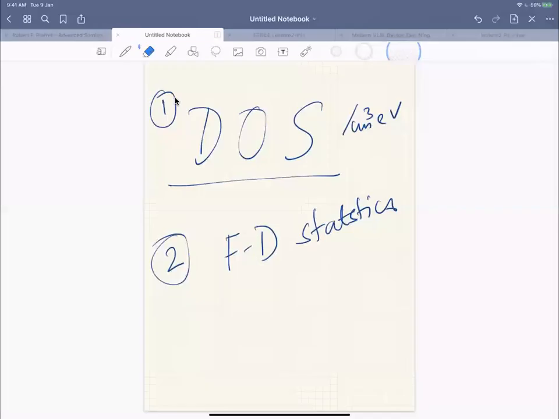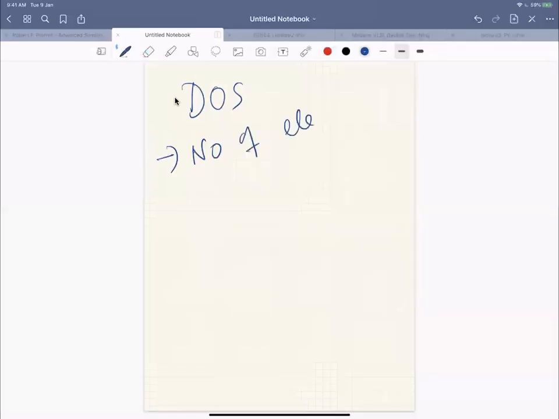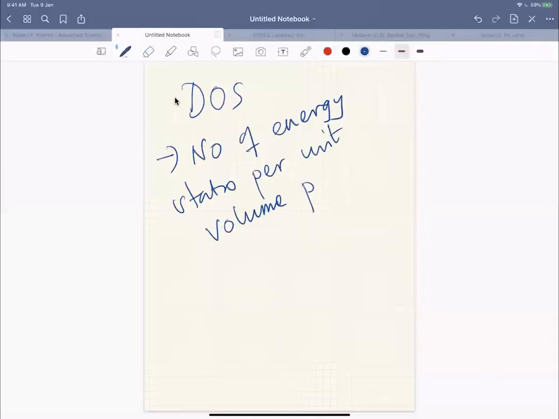So the density of states is nothing but the number of energy states per unit volume per unit energy, right? So this is the density of states.